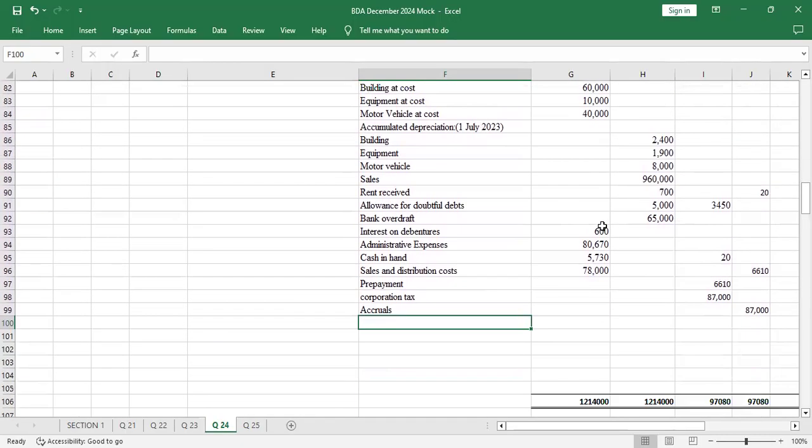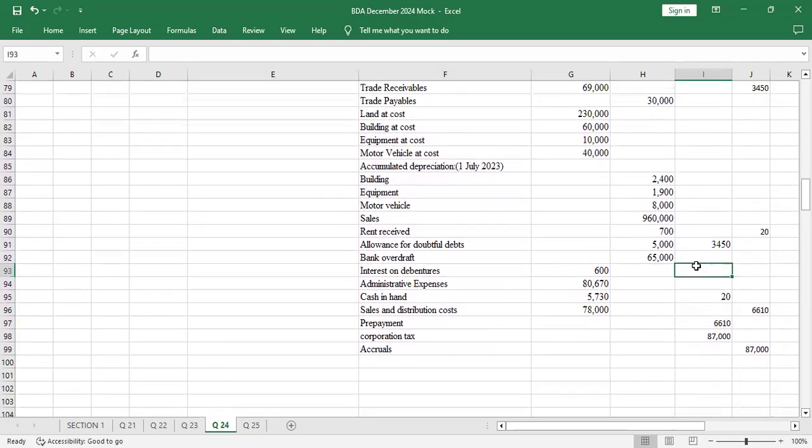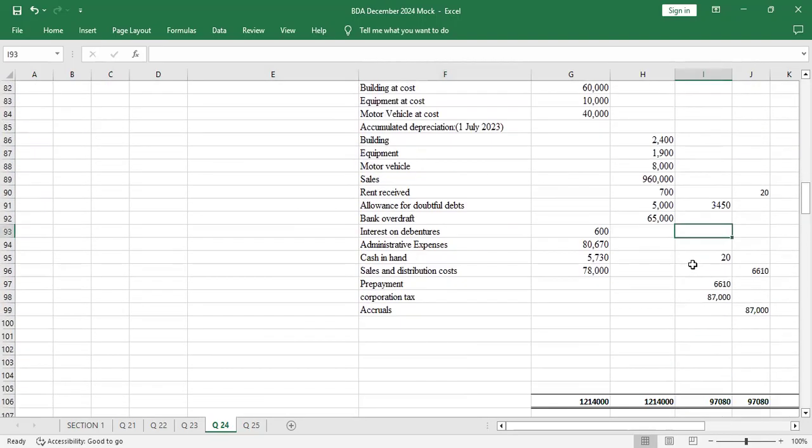So if you are told that it is outstanding, then it means that on interest on debenture here, we'll do the adjustment. So we'll debit the interest on debenture account with the 600, the one which we'll pay next year, the one which is an accrual.